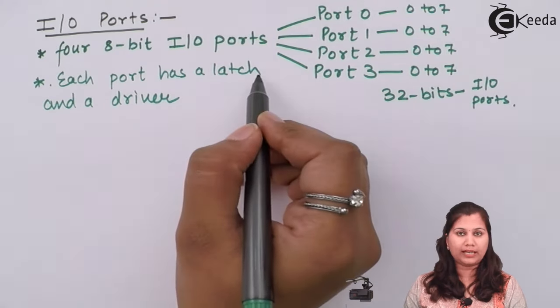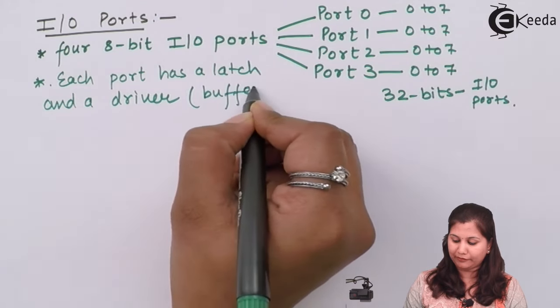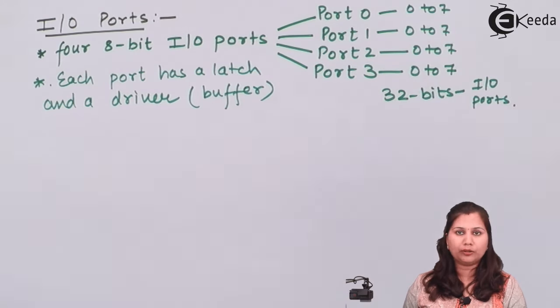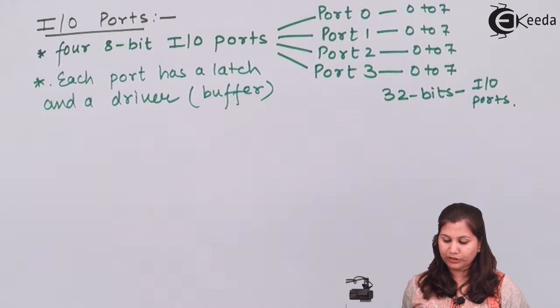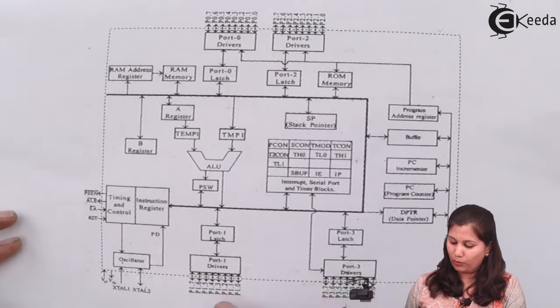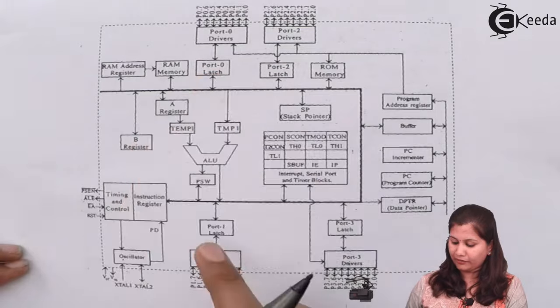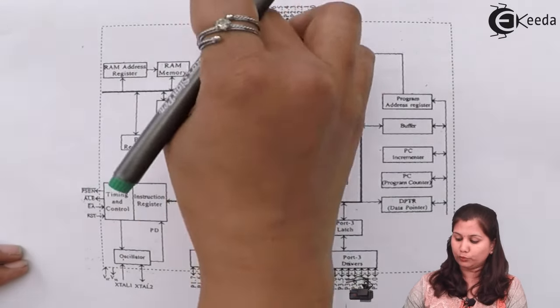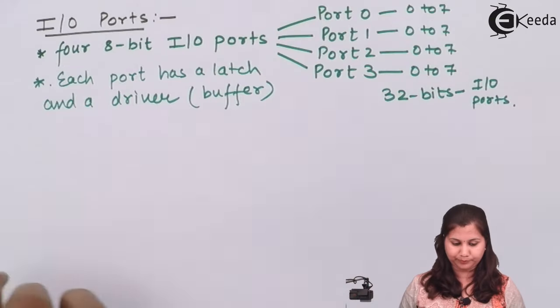And the driver is also a buffer, so it is used to amplify the input of the ports. So each port has a latch and a driver. In the block diagram you can also see that for port 0, 1, 2 and 3 we have the drivers and we have a latch. So two blocks are associated with each of these 4 ports.